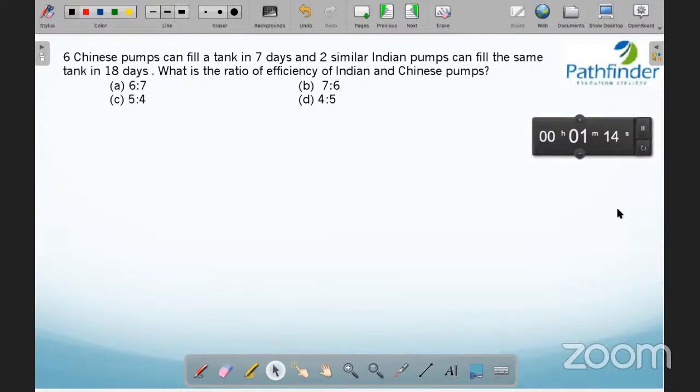This is an interesting question. Let's see how many of you can solve it. Subodh says B.